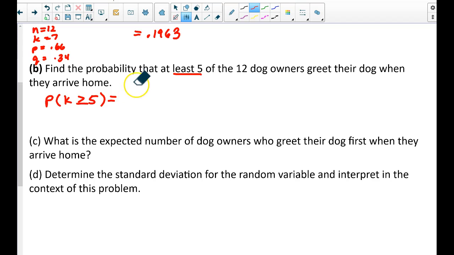So in this case, when you write it, this is the work I would expect you to show. So it's going to be n is 12, k is going to be 5 comma 12, p is 0.66, and q is 0.34.